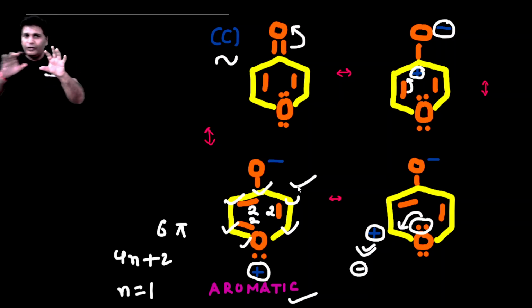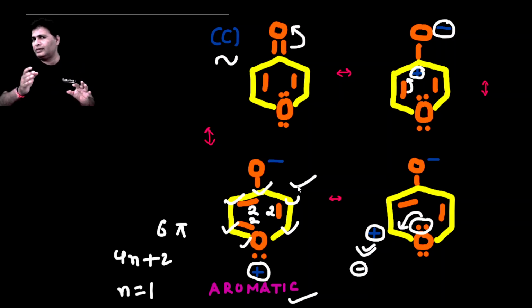So if you remember case A, case B, and now case C, what have you realized? You have realized that case A was giving you aromatic character, case B was not giving, and case C is again giving you some aromatic character. Now there will be a tussle, a contradiction between A and C, because B is out of the competition.